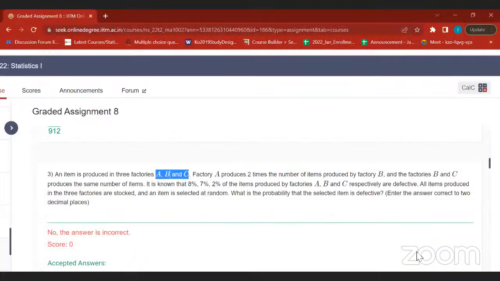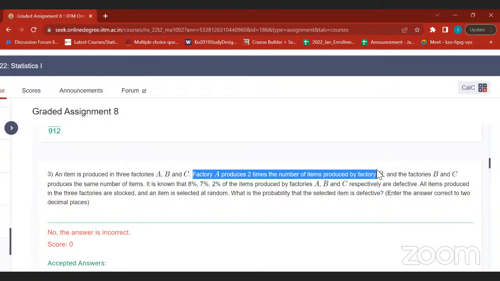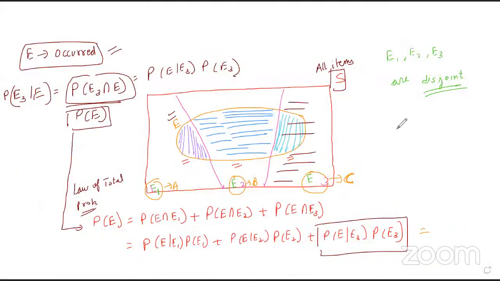Moving further, we know factory A produces 2 times the number of items produced by factory B, and B and C produce the same number of items. From this information, I can conclude the individual probabilities of my events E1, E2, and E3. Suppose factory B produces X items. Then C will also produce X, and A will produce 2X, because A produces twice as much as B. So in total there are 4X items.